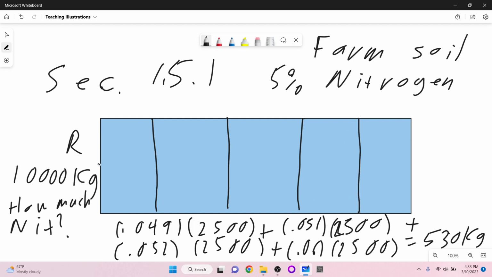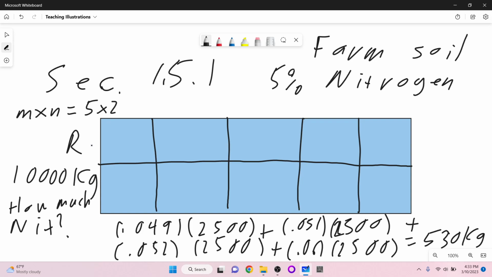It's 5 columns and 2 rows. A lot of times we'll represent it as m cross n, meaning the number of rows or the number of columns. I think this would be 5 by 2 would be the size, but we'll go over that as we go on.